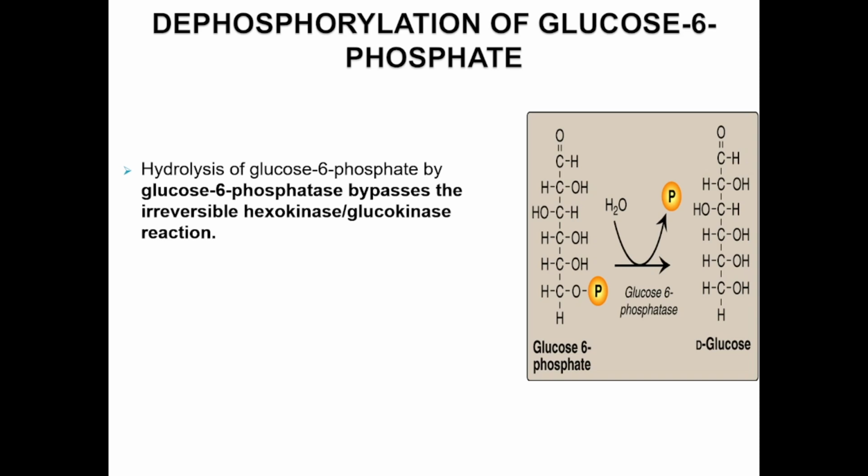And the free glucose, then this process will build up more and more glucose inside the cytosol. Outside, since it is fasting and the level of glucose will be low, the glucose will diffuse from the cytosol to outside the cell into the circulation.